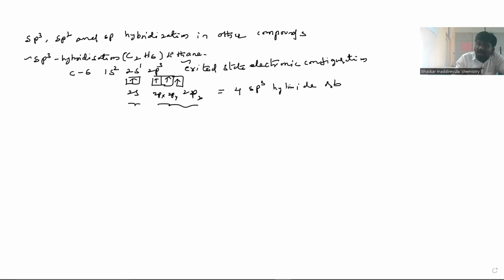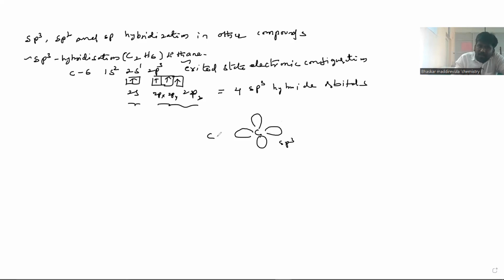These 4 sp3 orbitals will surround each carbon. In this molecule, there are two central atoms, so these 4 sp3 hybrid orbitals will surround the central atom carbon. They will be oriented like this, each one an sp3 hybrid orbital.